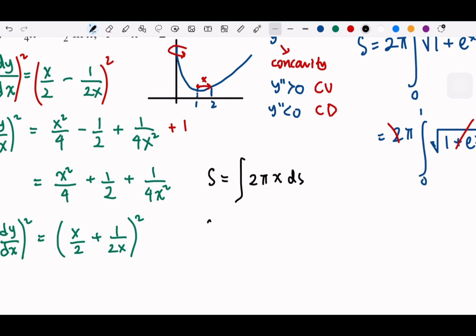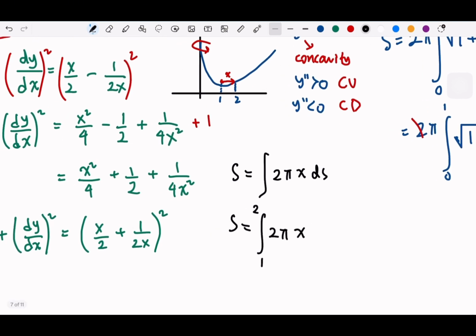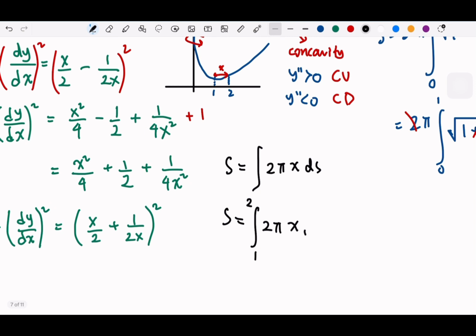Okay. And then let me write directly. This will be from 1 to 2, 2 pi, still x. And then ds will be the square root of, I will just put inside the one that we already calculated before. So x over 2 plus 1 over 2x squared dx.